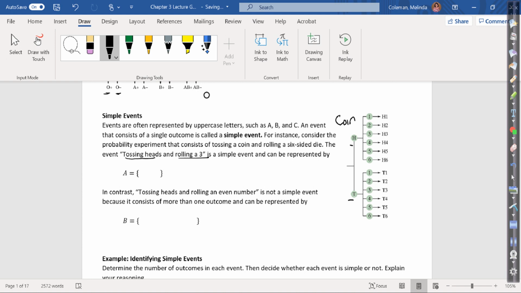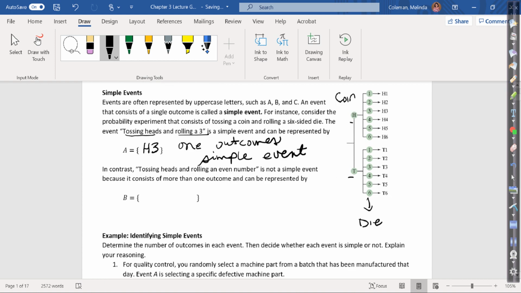This, 1 through 6, would be the die. Die is singular, the dice, by the way. So the event of tossing heads and rolling a 3 would look like H3. So again, this is one outcome, making it simple.